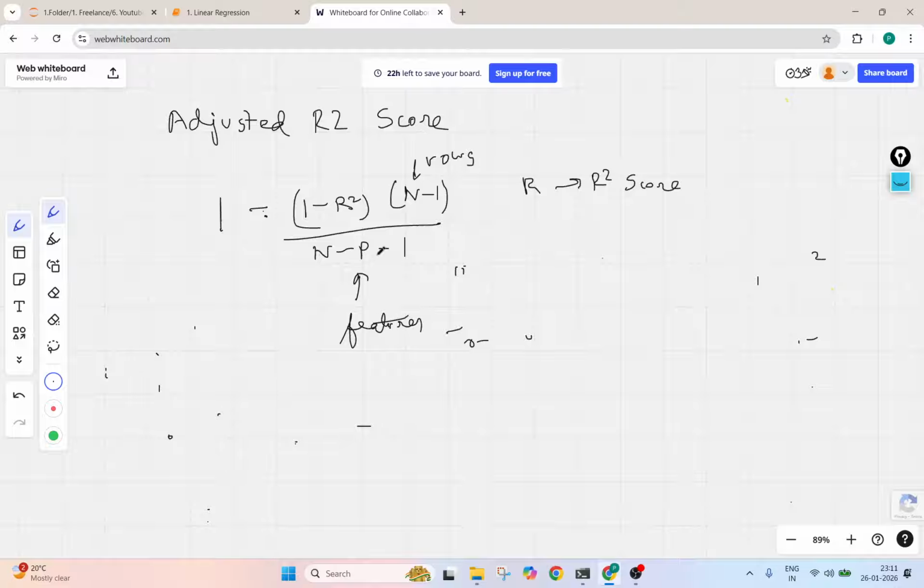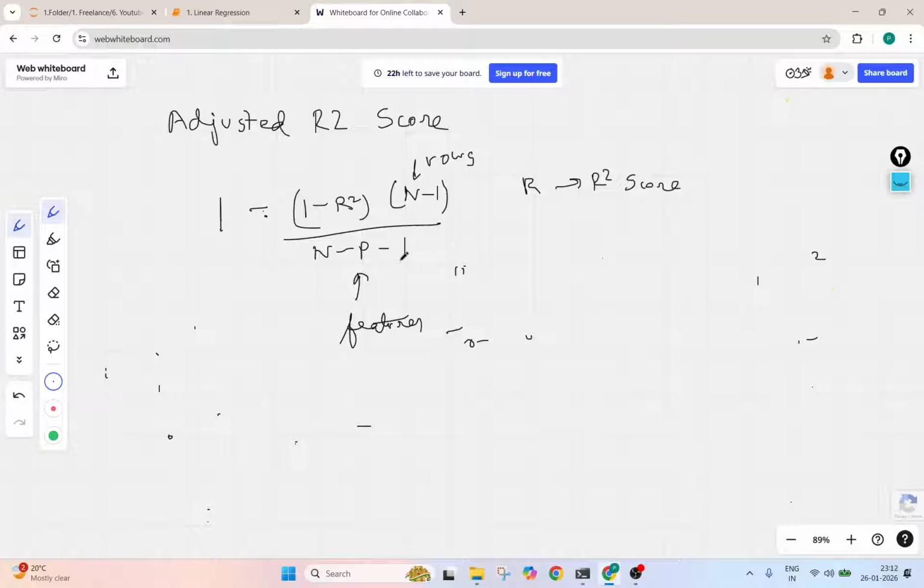So you see p goes in the denominator. If the number of features keeps on increasing, the value ultimately keeps on decreasing. So adjusted R2 score penalizes the model if you keep features that do not improve the model by much. So instead of usually using R2 score, we tend to use adjusted R2 score.